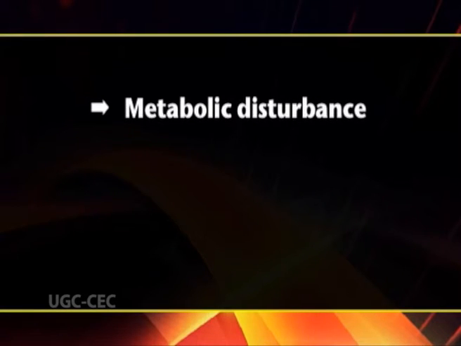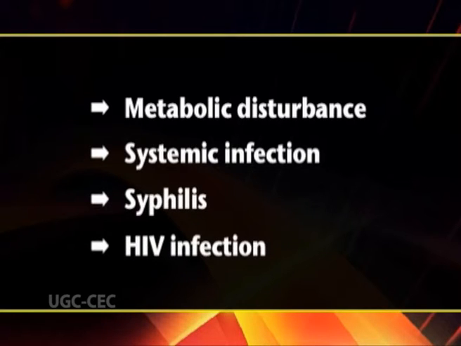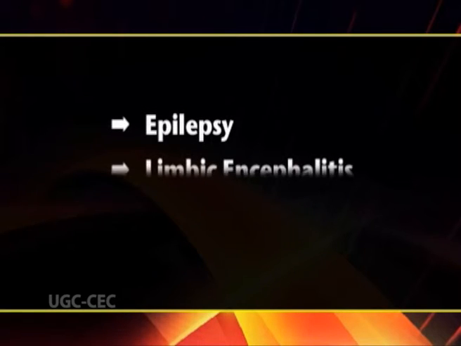A more general medical and neurological examination may be needed to rule out medical illness, which may rarely produce psychotic schizophrenia-like symptoms such as metabolic disturbance, systemic infection, syphilis, HIV infection, epilepsy, limbic encephalitis, and brain lesions.